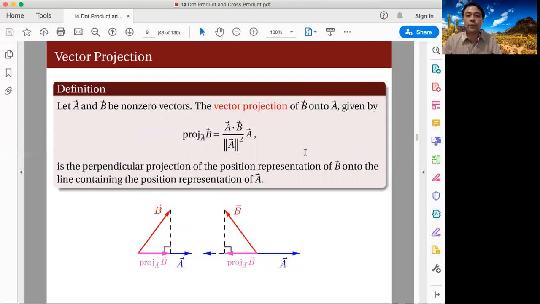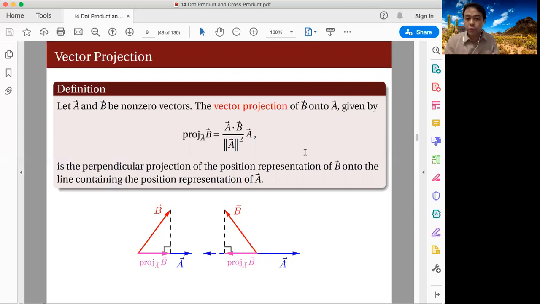So in mathematics, we have a formal term for projection. Okay, so suppose that we have two non-zero vectors A and B. The vector projection of B onto A, okay, so it's like the vector B casts a shadow on the vector A, right? So what will be that shadow?